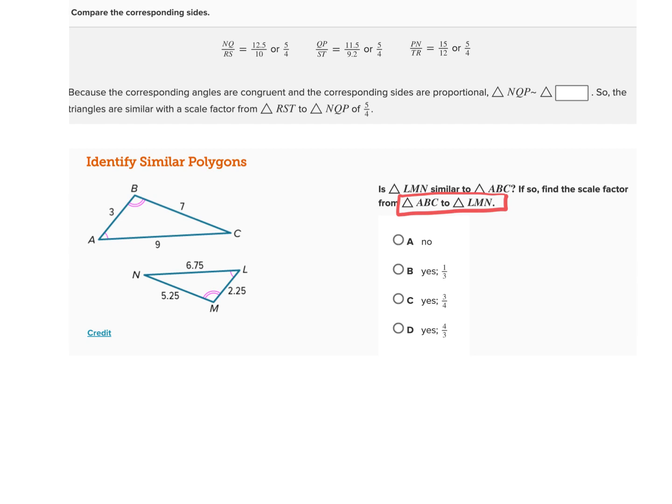Match up your letters. I'll do the first one for you. AB, which is between the single arc and double arc, is comparable to LM, which is also single arc, double arc. And fill in the numbers like I did above, and see if you get the same ratio for all three sides.